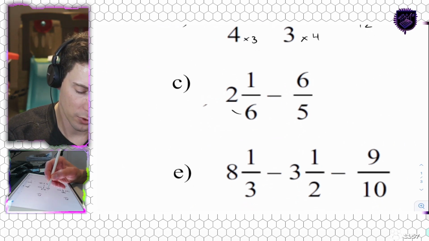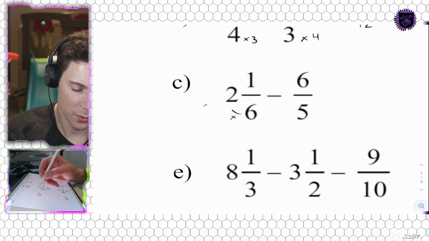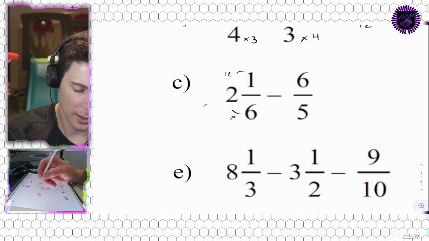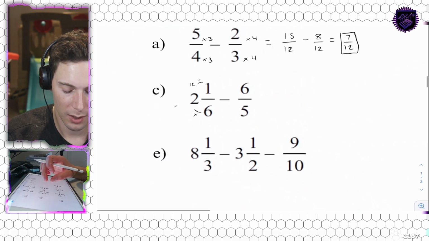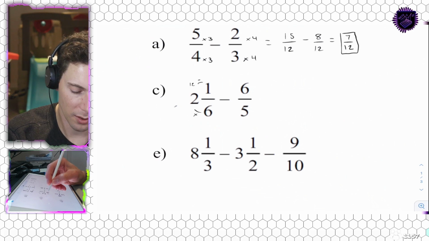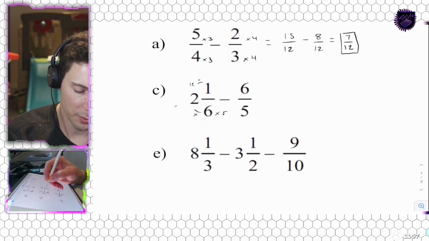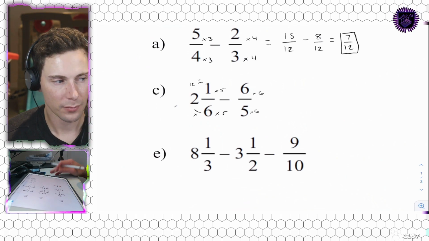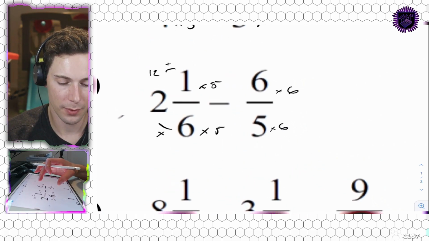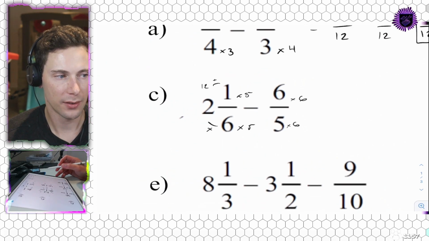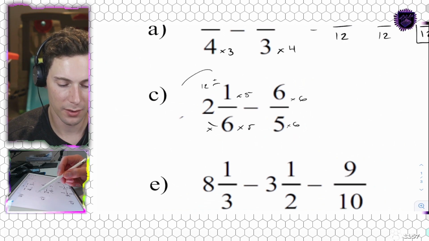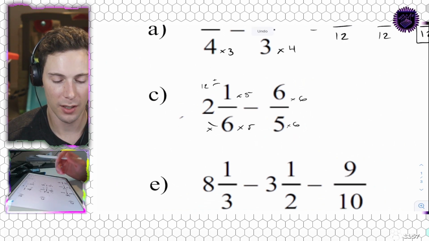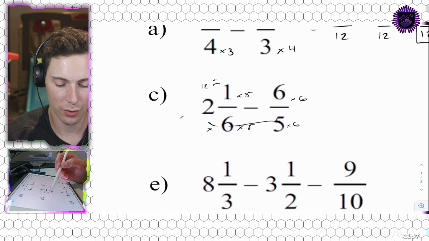We multiply 6 times 2, which is 12, and then we add that here, plus 12. We can also cross multiply at this point to rewrite our fraction ready to be subtracted. So you can see my squiggly lines. We are first converting this into an improper fraction, and then we're cross multiplying there.